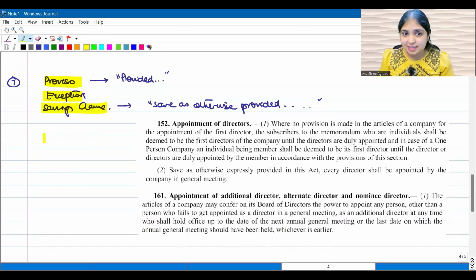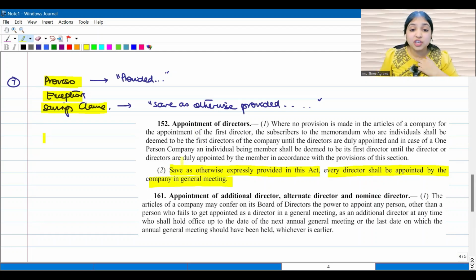Section 152 says that it is the shareholders who are going to appoint the directors. If you look at clause 2, "save as otherwise expressly provided in the Act, every director shall be appointed by the company in the general meeting." So section 152 subsection 2 says that every director will be appointed by the company in the general meeting.